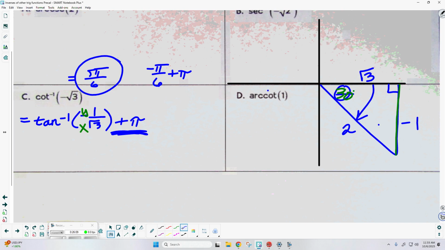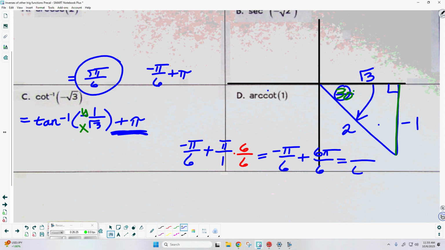Yes? Okay. So let's say I have a negative pi over 6, and I'm going to add pi over 1. Well, my common denominator would be 6. So this is going to give me a negative pi over 6 plus 6 pi over 6. We're going to keep that same denominator, but a negative pi plus 6 pi, there's my 5 pi. Okay.